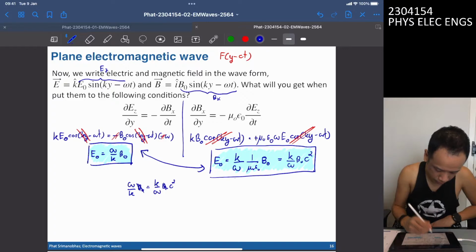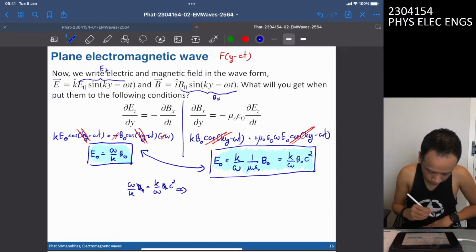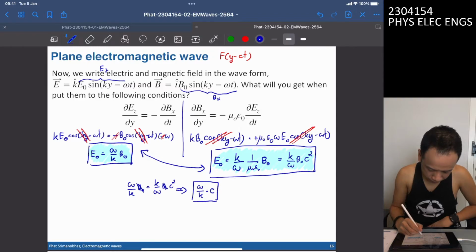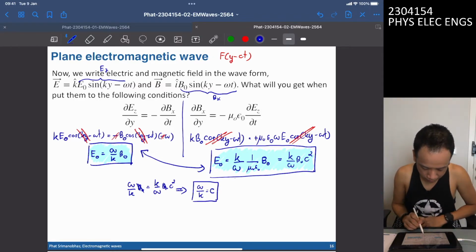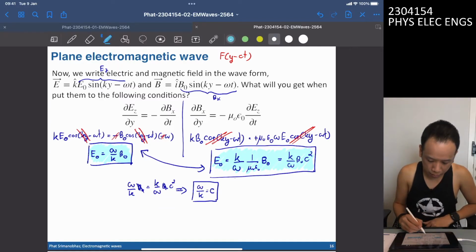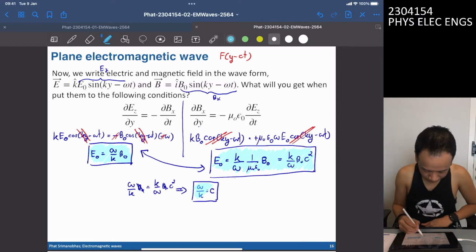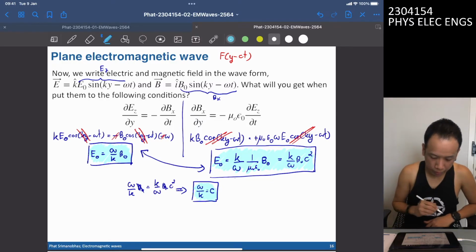So you cancel B0, and what you have is omega over k equal to c. You get omega squared over k squared equal to c squared, then you take the square root, so omega over k equals c.